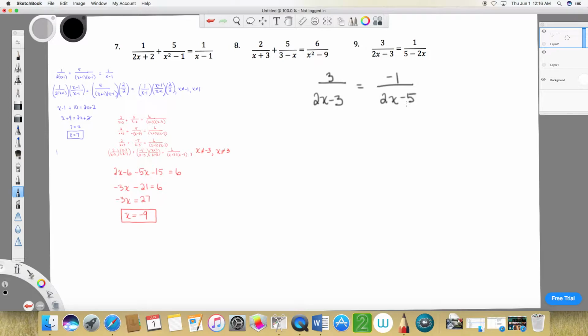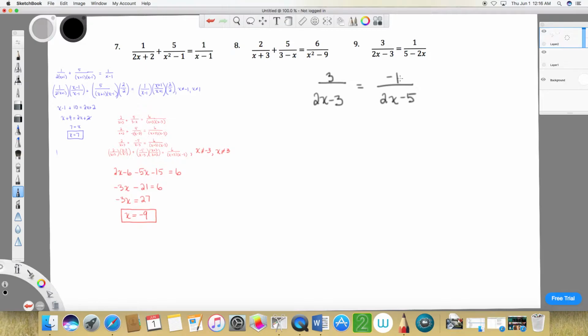We're going to see multiple ways to solve this as a rational equation. This is also called a proportion. So even though I have variables in the denominator, the technique that students really like is to cross multiply. When you have a fraction equal to a fraction, you can cross multiply.